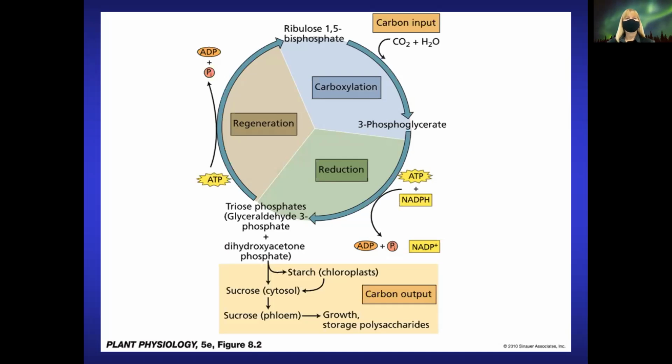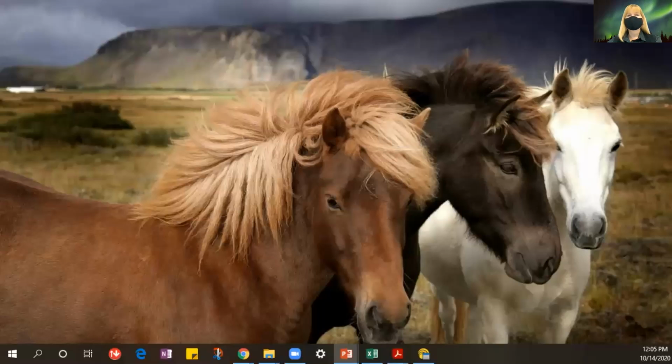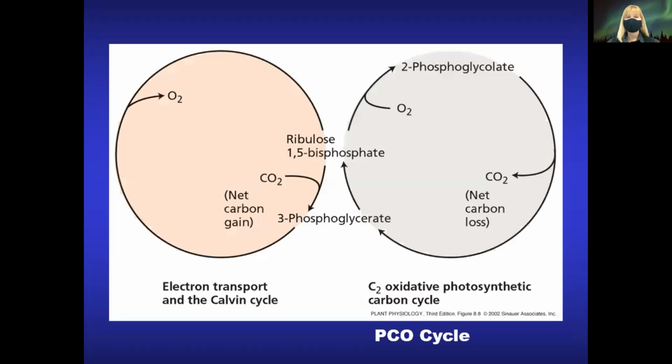However, we know that Rubisco is kind of a funky enzyme, because the C and the O part of the word refers to the fact that it can carboxylate RuBP or it can oxygenate RuBP. And that's what you're seeing on this figure, both options here. So RuBP is right in the middle.